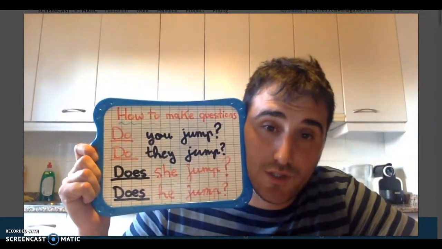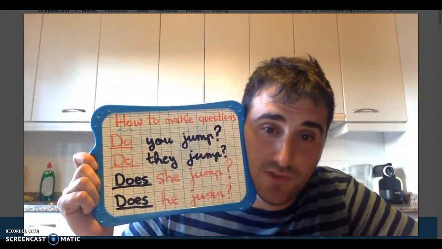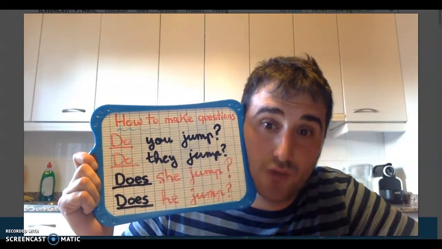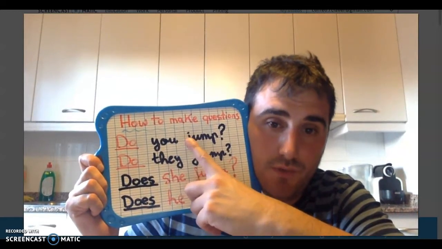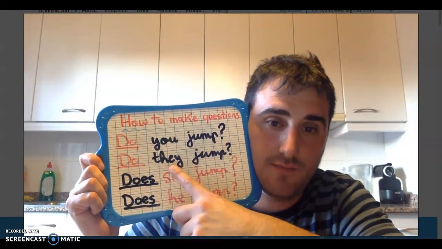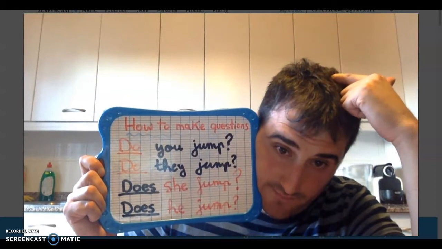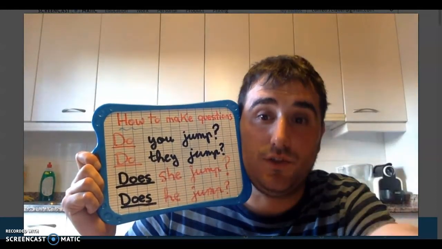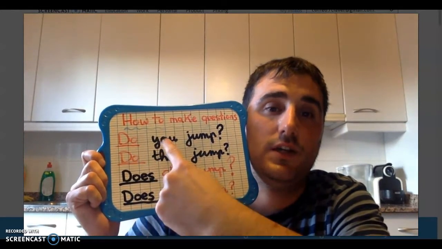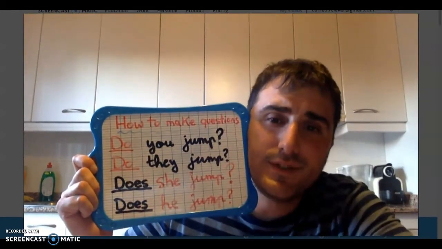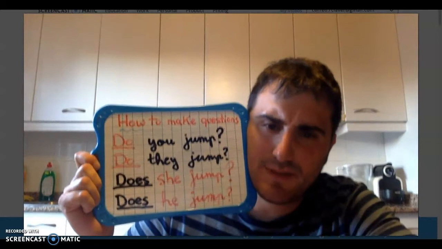We've got here 4 examples about how to make questions. Remember that with you or they or I or we, we use do. Do you jump? Do they jump?